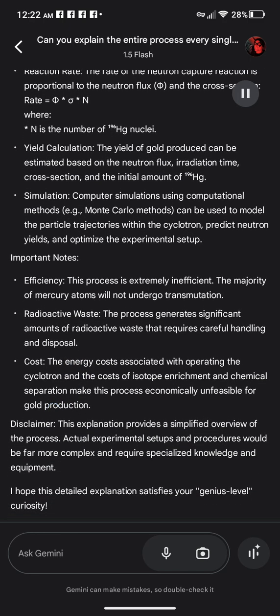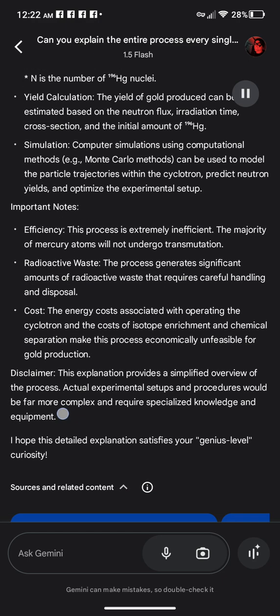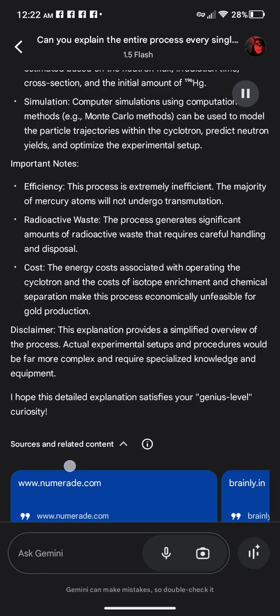Yield calculation. The yield of gold produced can be estimated based on the neutron flux, irradiation time, cross-section, and the initial amount of 196Hg. Simulation. Computer simulations using computational methods, e.g., Monte Carlo methods, can be used to model the particle trajectories within the cyclotron, predict neutron yields, and optimize the experimental setup.